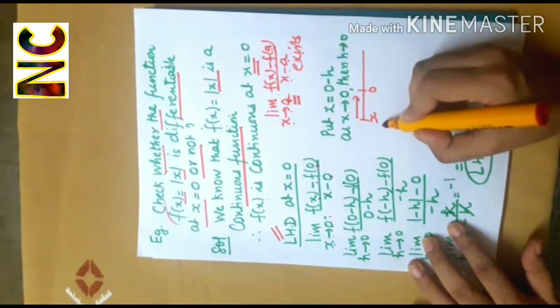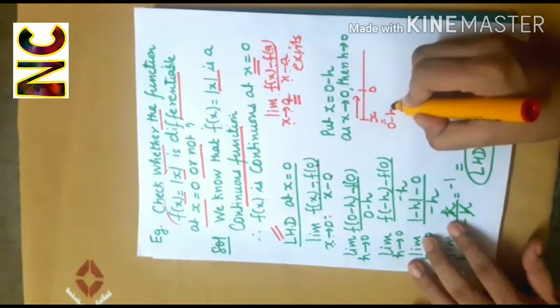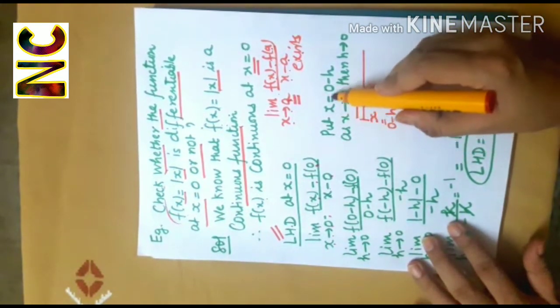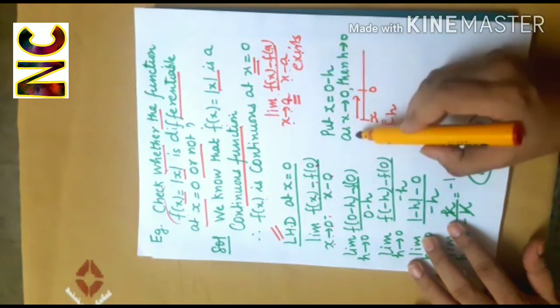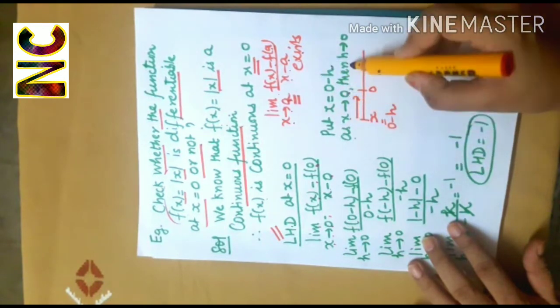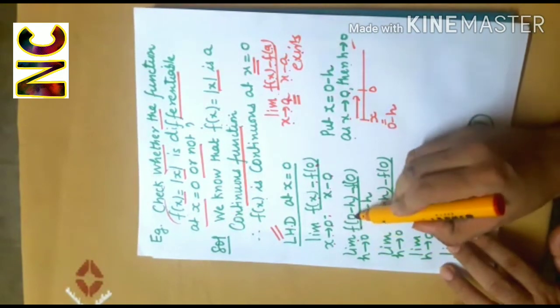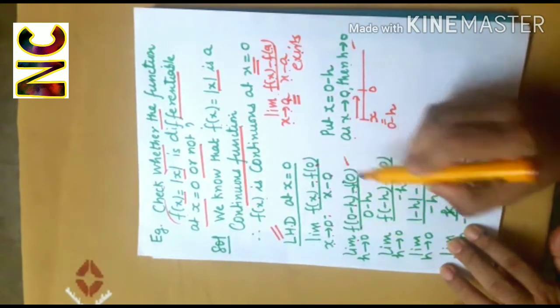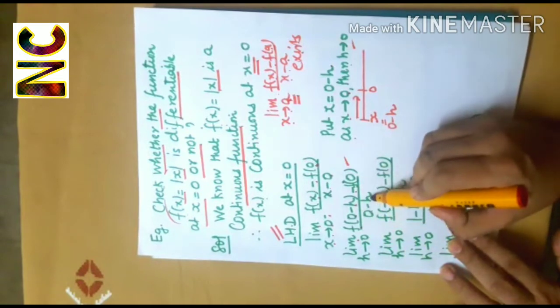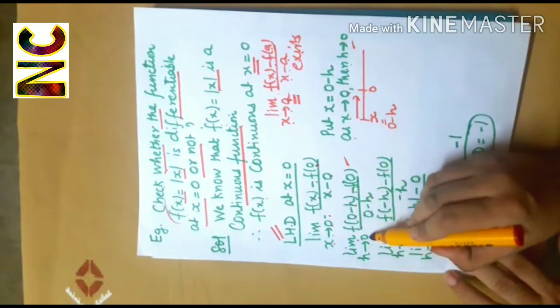So x will be equal to 0 minus h. So we put x equals 0 minus h. Now as x approaches 0, h will tend to 0.